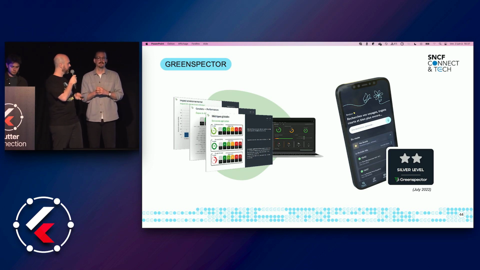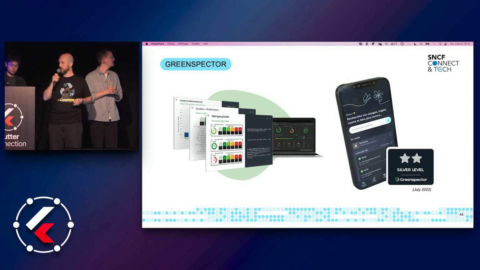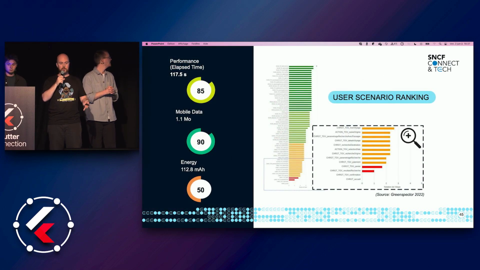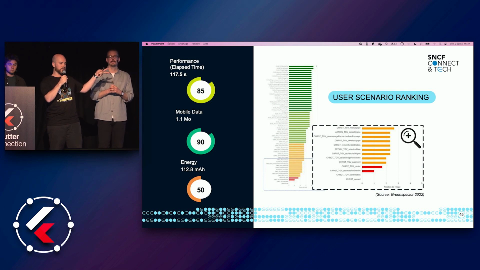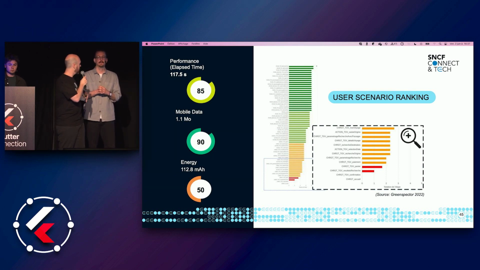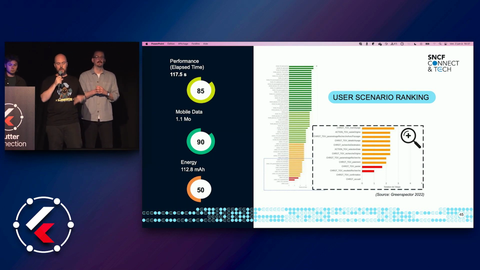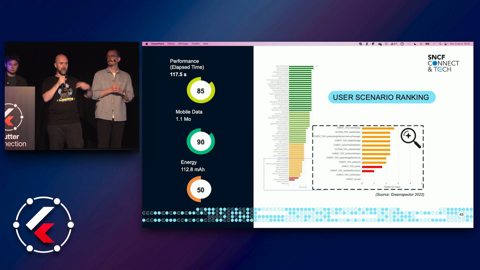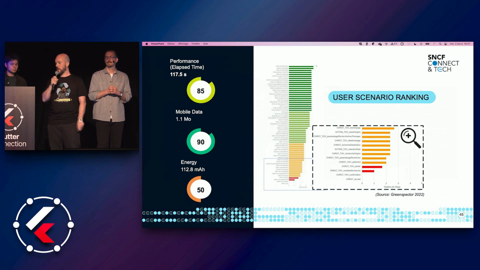Last year, we reached the silver level, which is not quite a good result for an application of this size. Typically, the insights you'll get with GreenSpector are the elapsed times, the energy, the payload, and the ranking of your scenarios and flows, especially the worst, so you're able to focus on them and work on them.